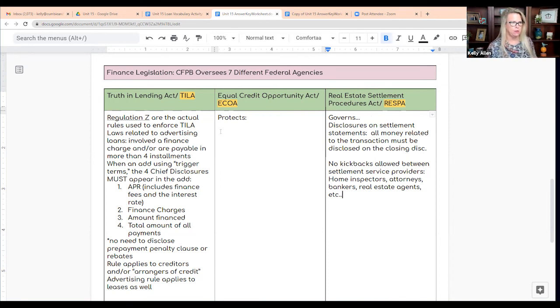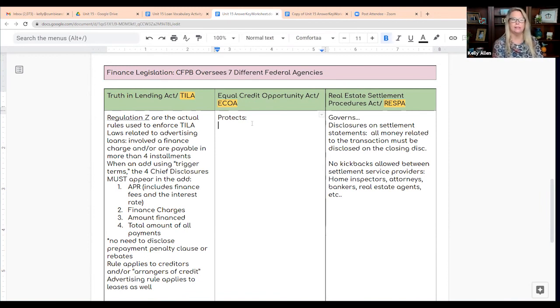Let's talk about ECOA and the Fair Credit Reporting Act. Not a lot there. ECOA stands for the Equal Credit Opportunity Act. I got a funny question about ECOA, but we'll start here.